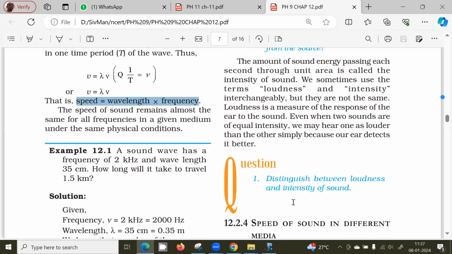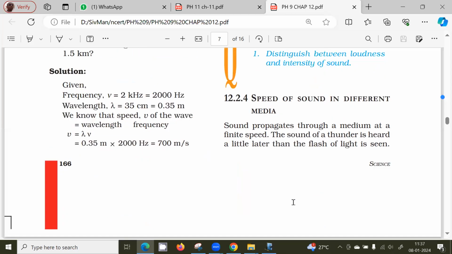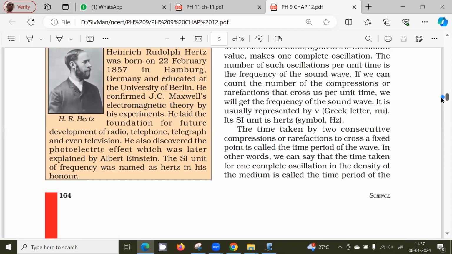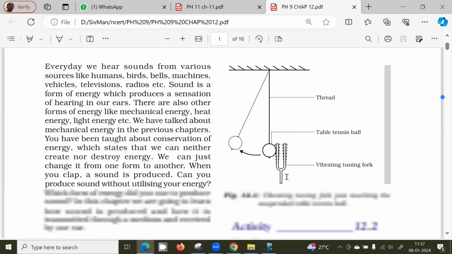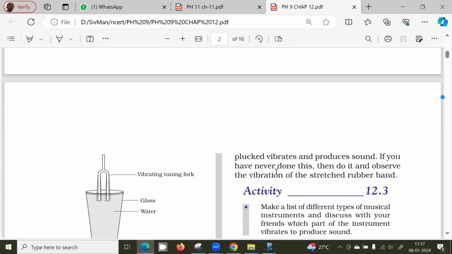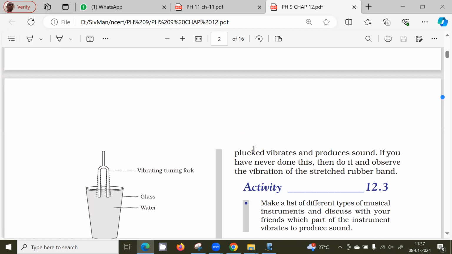Okay. And frequency is 1 by time. So the unit of frequency will be 1 by second, that is per second, and that is called hertz. Hertz is nothing but second raised to the power -1.